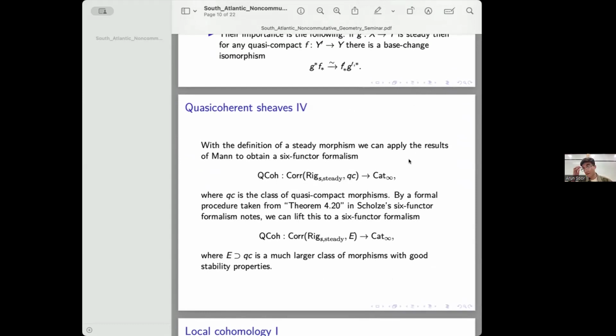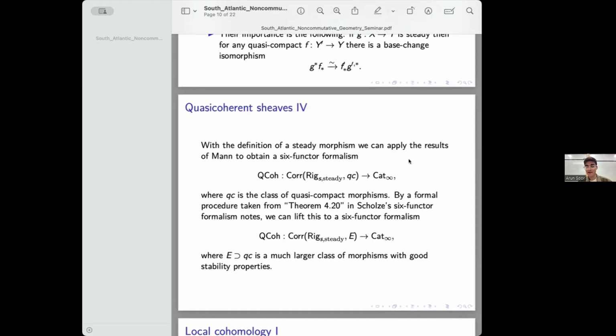So we obtain this quasi-coherent six-functor formalism. Then by a formal procedure, in the appendix to Lucas Mann's thesis, he tells you there are various ways you can do extension to extend the class E of morphisms of a six-functor formalism.